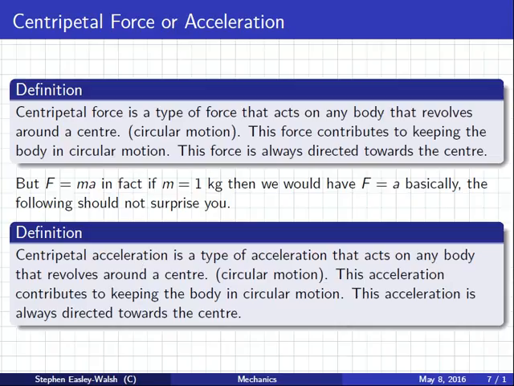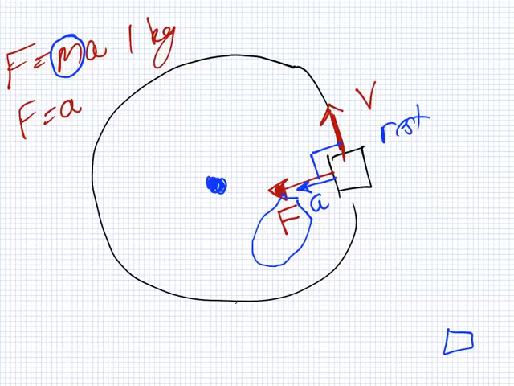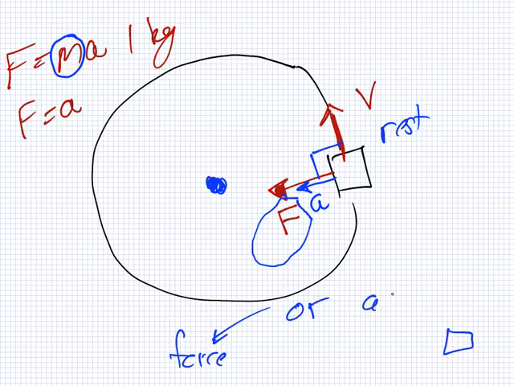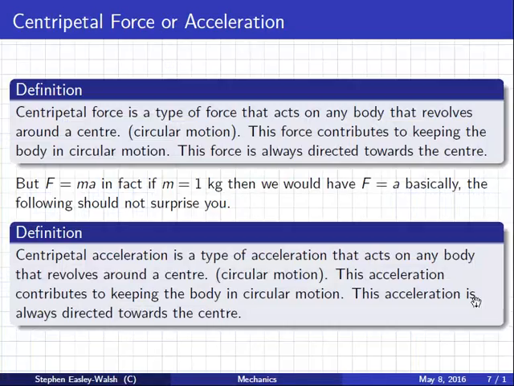So if you want to make a little arrow on your definition, you can write force or acceleration. I'll write force because it's easier. Now, I need you to write this down. Both, but you can just make a little arrow.